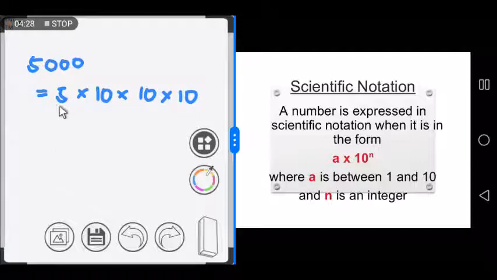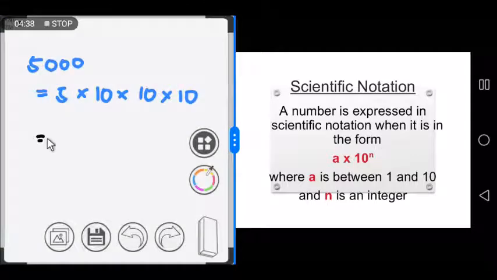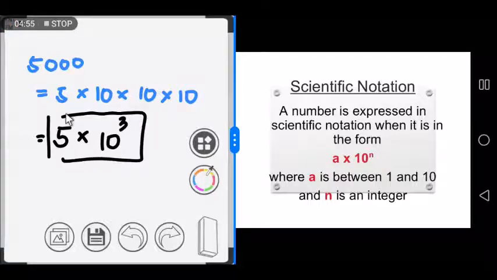So, para hindi na natin ulit-ulitin yung pagsusulat ng tatlong 10 na ito, by exponential form, ang ginagawa na lang natin, we just write yung isang number na hindi 10, tapos times yung base. Then, kung ilan siya, no, yun yung magiging exponent. So, dahil tatlong 10 yan, it's to the third power. So, ito yung scientific notation nitong given na number na 5,000. No, so, ang 5,000 is greater than 10. No, kaya po ang exponent natin ay positive.